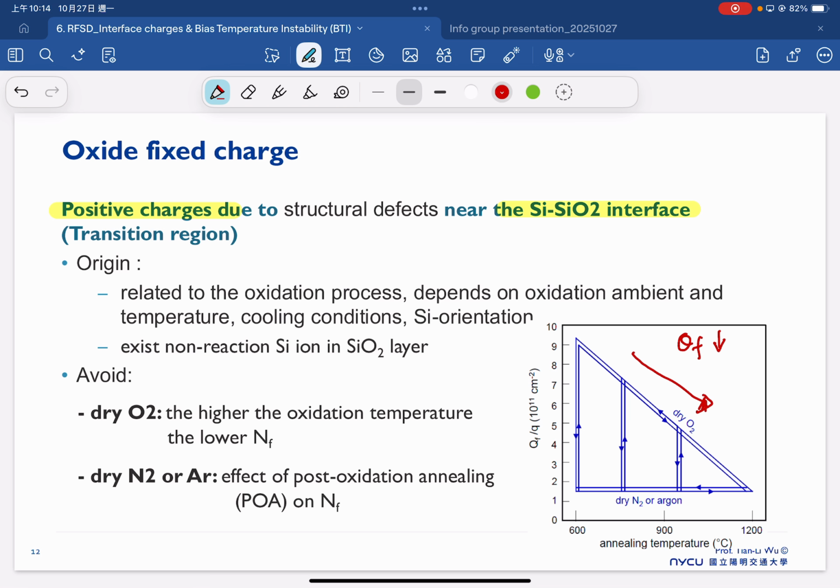But of course, this is coming from a very old experiment that was only conducted with SiO2 on silicon. Nowadays, you have to try out different processes, collecting your own data, to think about what would be the possible way to reduce the oxide fixed charge.